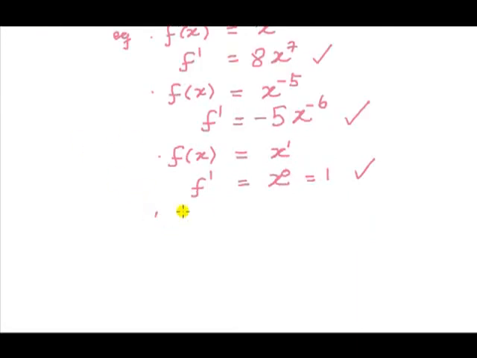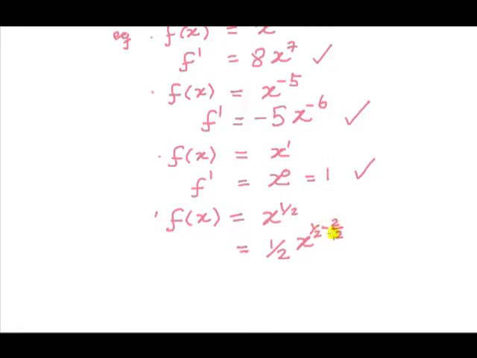And one more. f(x) equals x to the power of a half. Aha. But I did say that this power can be any number on the real line, so we can take fractions. Comes down, the power minus 1, so a half minus 1. Now if you can't use a calculator, the trick here is, instead of saying minus 1, pick the denominator and make a fraction where the denominator is the same as that one.